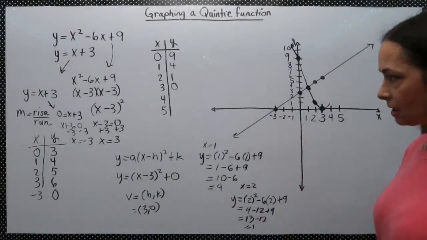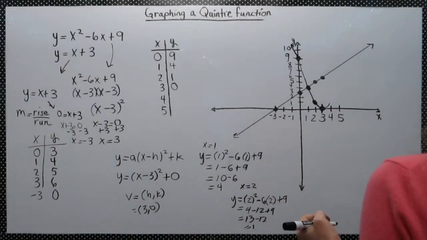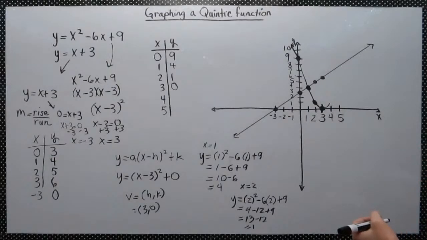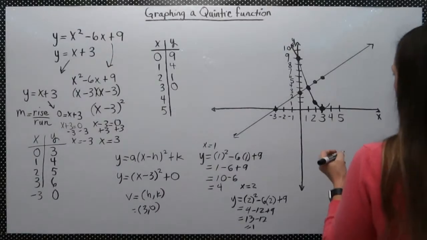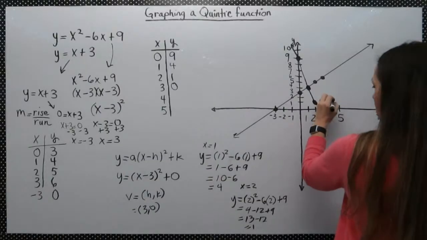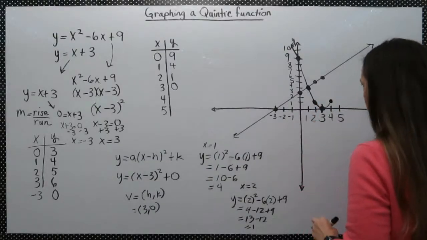Let me step back and see what I'm going to do. Yeah, so we have a symmetrical graph. So that means that most likely it's going to be 4 comma 1 as well. Let's go ahead and plug in 4 and see.